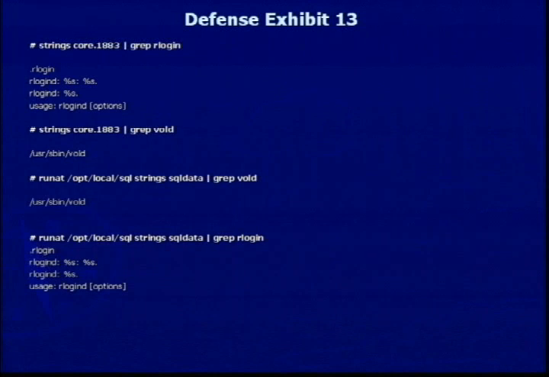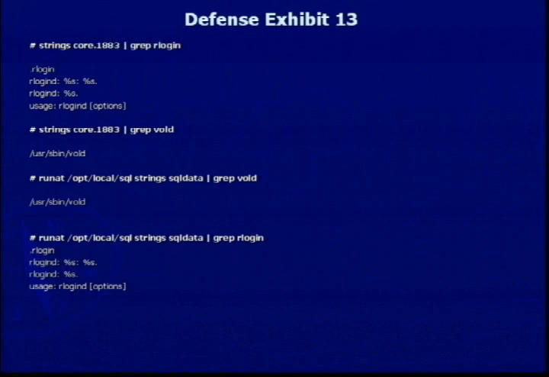It allows a remote login client to connect and establish remote access into the machine. I also looked for volD, the Solaris volume manager, and found the volD string in the core image. I ran the same commands against SQL data and found the same strings there.